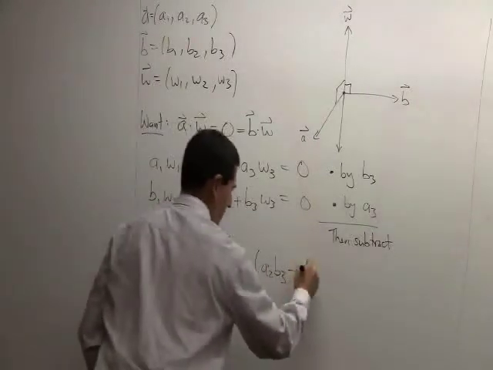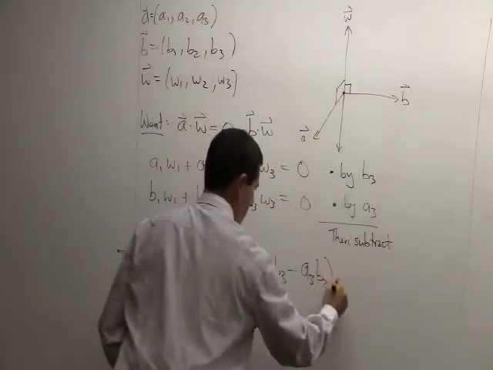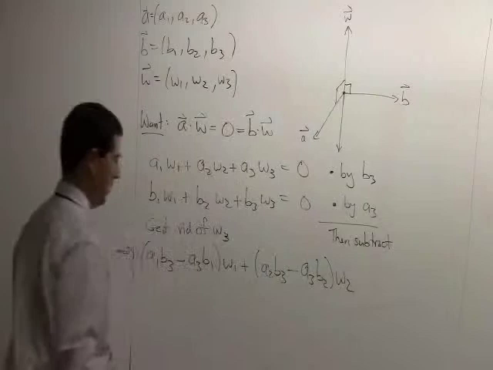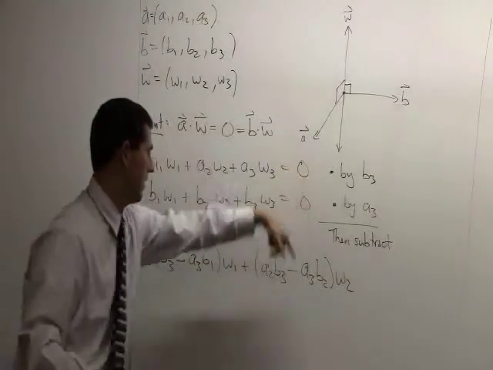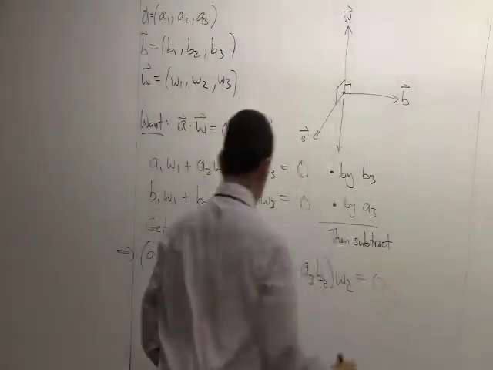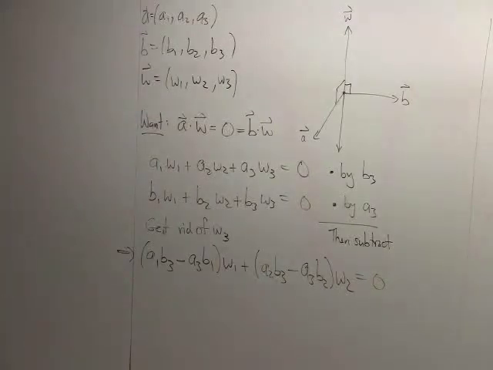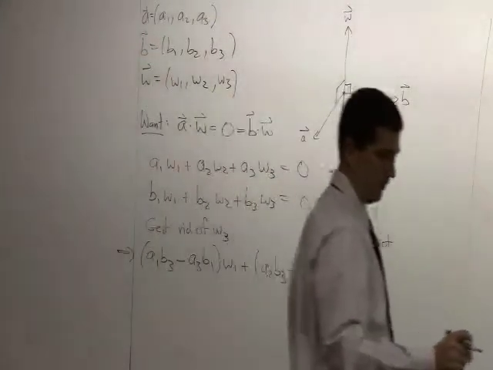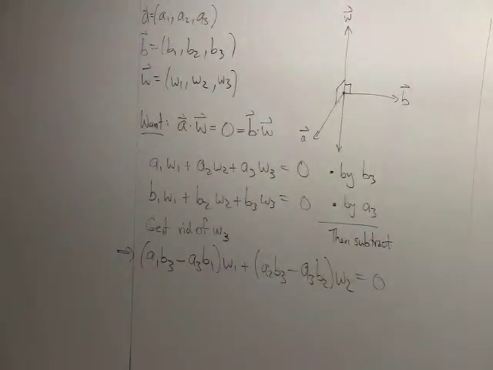Notice the indices are just swapping. W2. And of course, these stay 0, so I get 0.